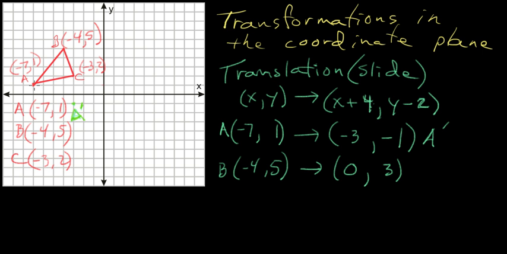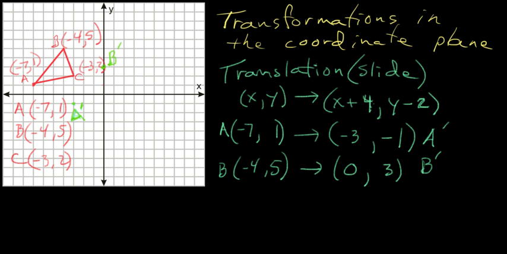So at 0, 3, 0, 1, 2, 3. There's my new point, and that's B prime, and so there's my point B prime right there.